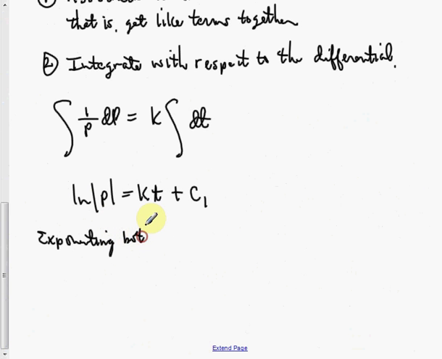Exponentiating both sides yields for us e to the natural log of the absolute value of P is equal to e to the kt plus c sub 1.